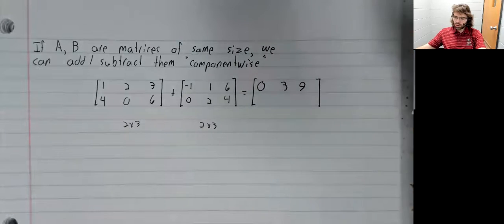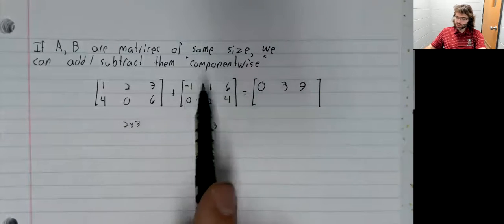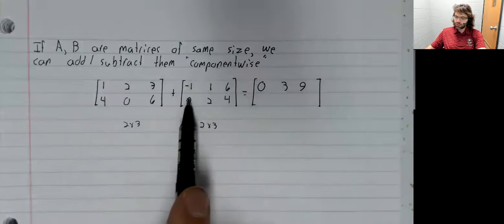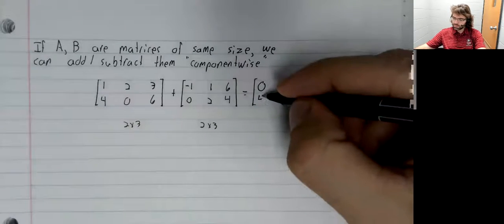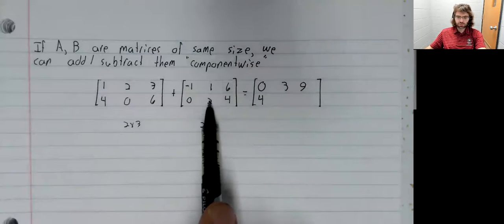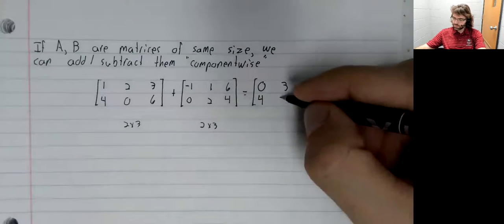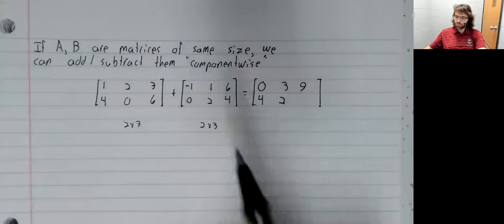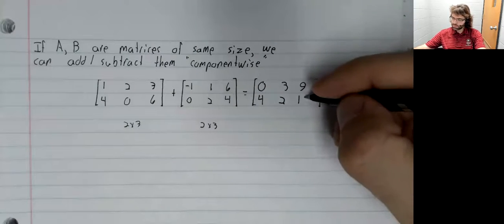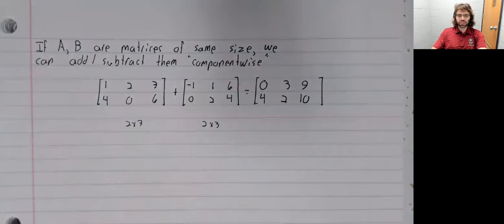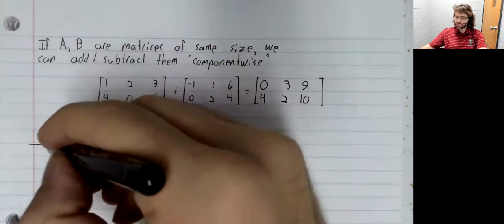And so on. 3 plus 6, 4 plus 0, 0 plus 2, 6 plus 4. Subtraction is done in the same way.